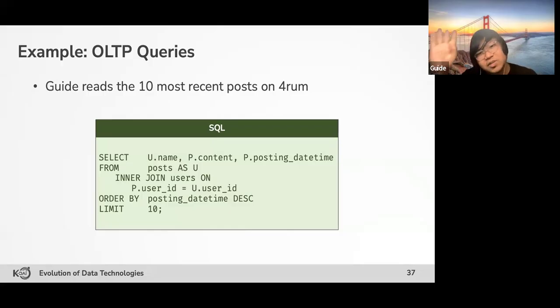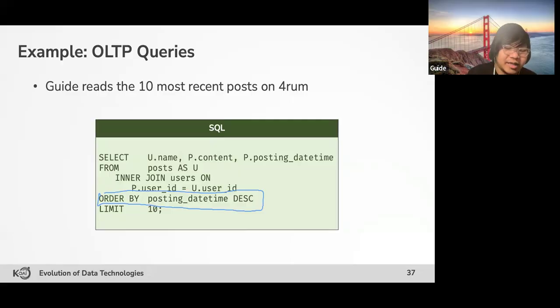But still, some of you may argue, hey, we have this order by, and if we don't access all the data, how do we know whether the data are ordered in this way? Most of the database management systems that prefer OLTP workloads have some approaches.